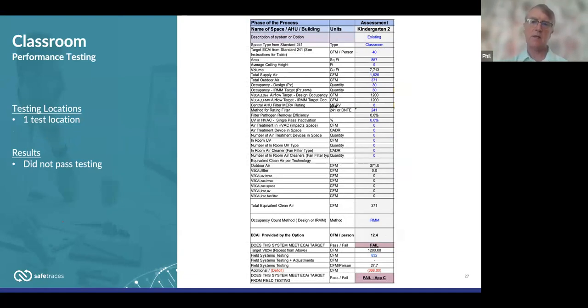And during the test in this classroom, we've determined that there was 832 CFM of ECAI in that space, which when distributed over 30 students, comes out to 27.7 CFM per person, and this is still a fail. And you'll notice that it's coming up about, I can't really read that, 360 CFM of ECAI short. So in this case, this classroom fails both on the calculation and on the aerosol measurement test.